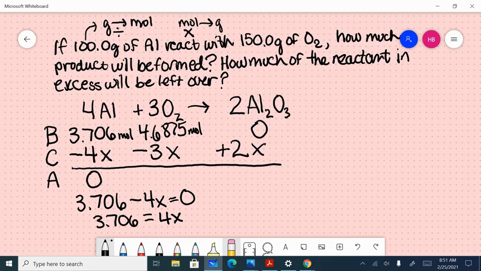And I get a value of x of 0.9265. And that's moles. So I can now go up here if I want and replace the value of x with the actual number.